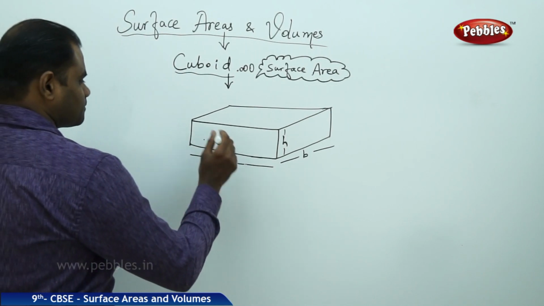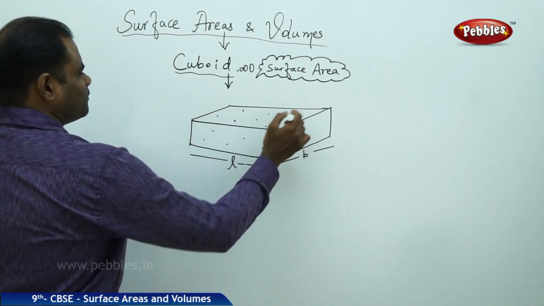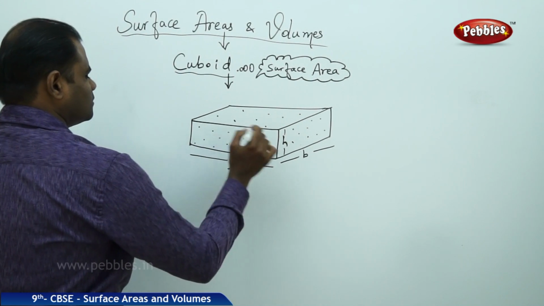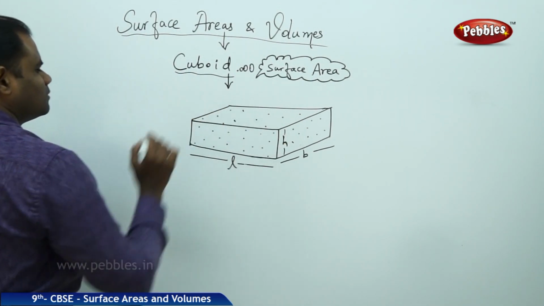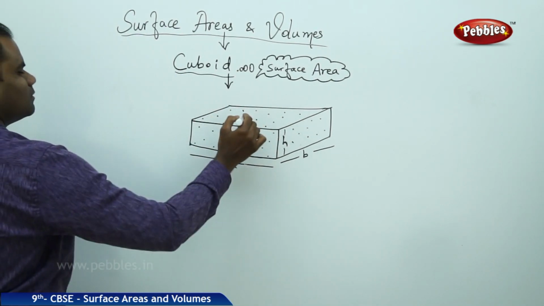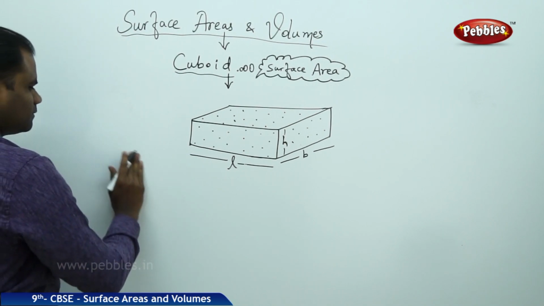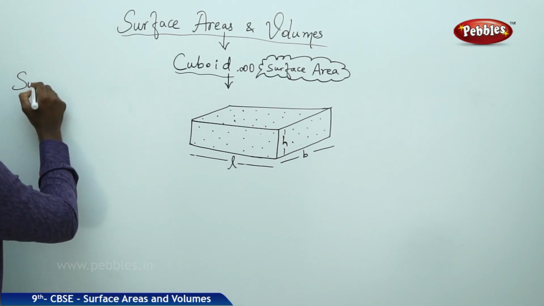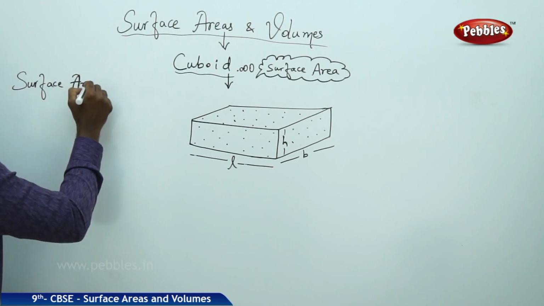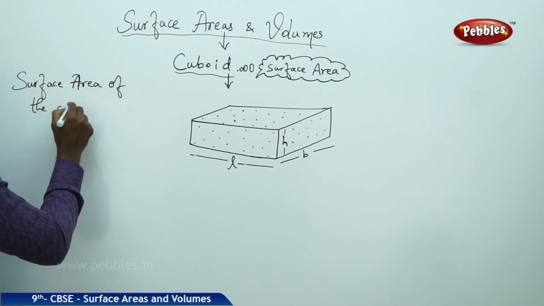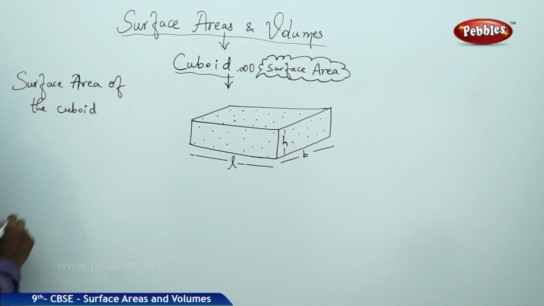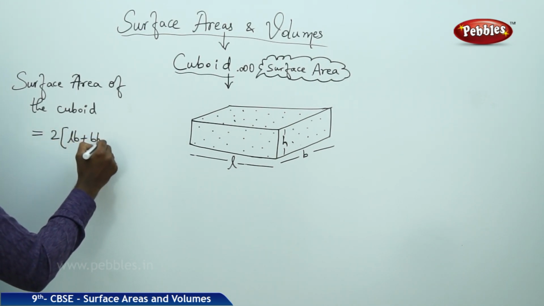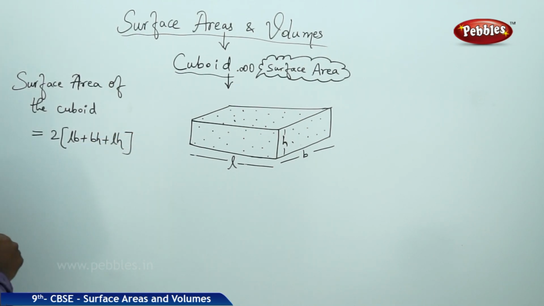So for such a cuboid which has all the faces covered, we have surface area of the cuboid is 2 times LB plus BH plus LH unit square.